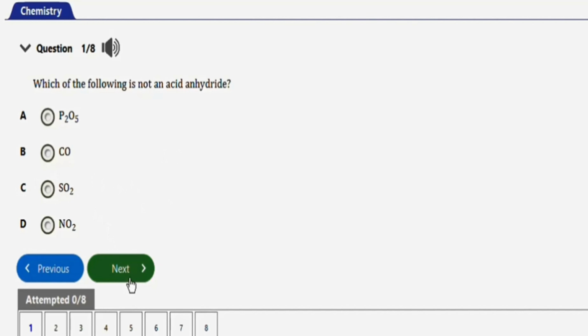The next question will be this one. It says the color of phenolphthalein indicator in dilute trioxonitrate 5 acid is what? So the right option in this question will be option B, which is colorless.